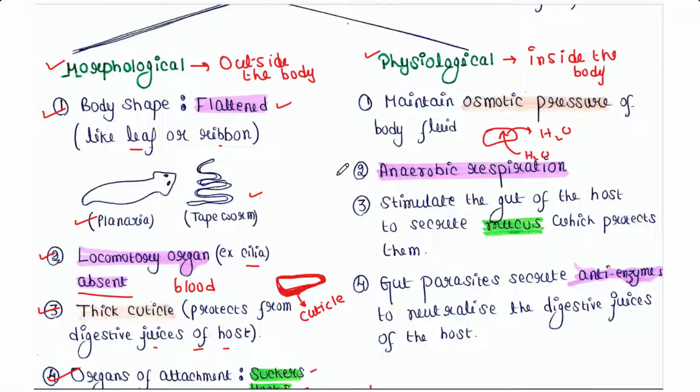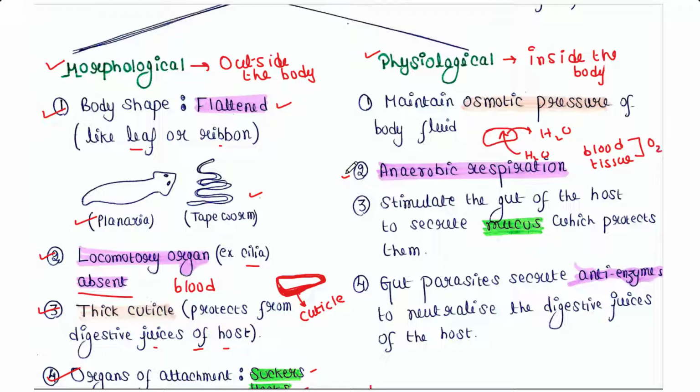Next is anaerobic respiration. So when these parasites are found in the blood or you can say tissue of the host body, then they will get oxygen. There will be no problem.